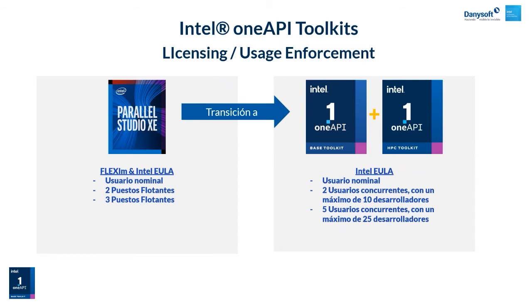The customers who have 2 floating seats will do the transition to 2 concurrent users with a maximum of 10 developers supported. If it is 5 floating seats, the transition is to 5 concurrent users with 25 developers supported as maximum.